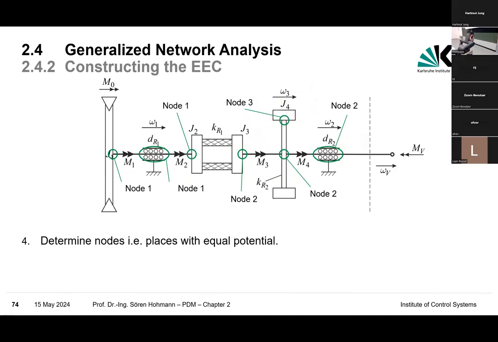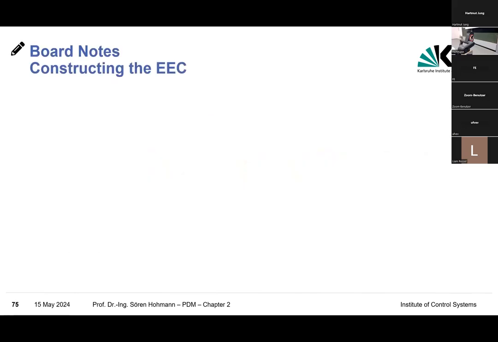Well, with that, I just put node 1, 2, and 3 in the diagram. So here, node 1, there, node 2, and somewhere over here, well, you can do it a different way, node 3.